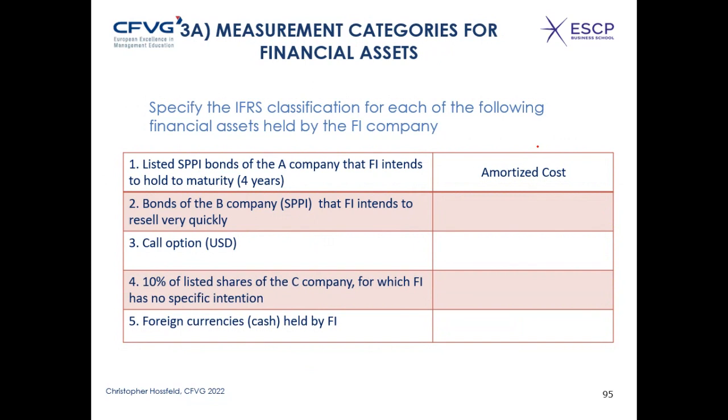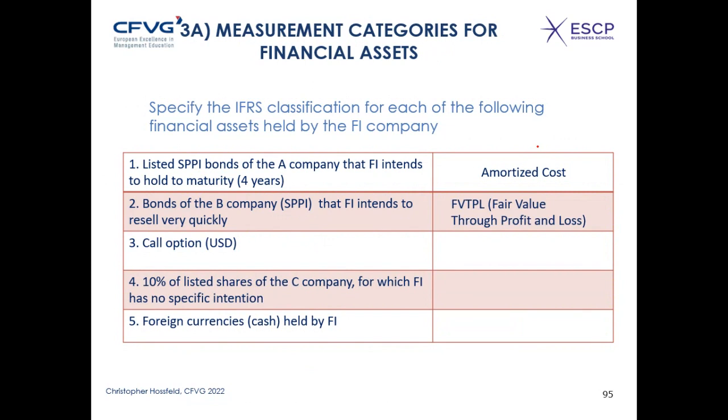The business model is only sell. That means here we have a trading or speculative intention. We want to sell very quickly. Therefore, it is fair value through profit and loss. Here, the intention is not to collect any contractual cash flows. It's rather fast.